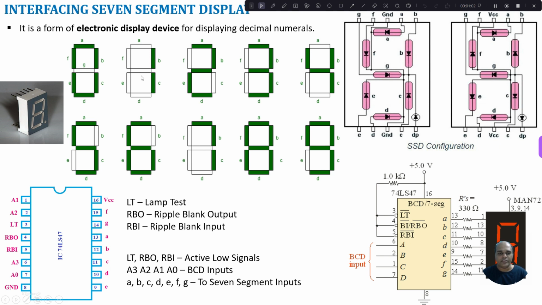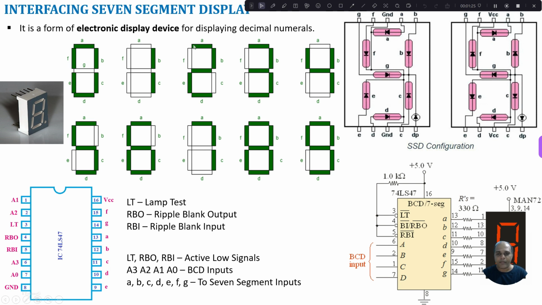In order to display 0, we have to enable A to F, whereas the G LED will be in off state. To have a number 1, we need to enable B and C segments, whereas all the other segments will be in off state.